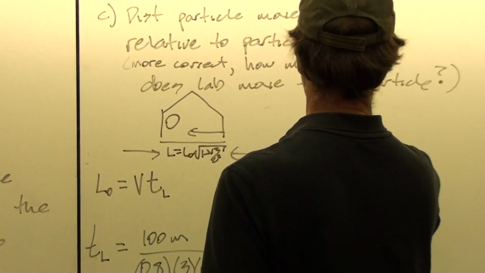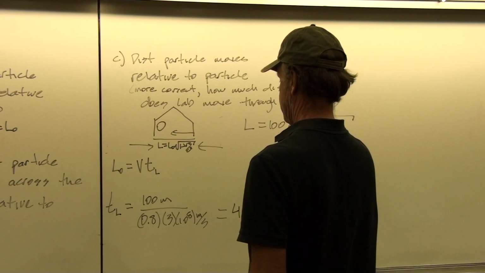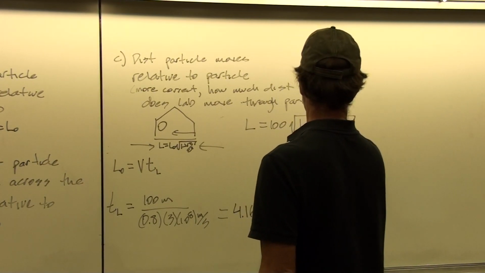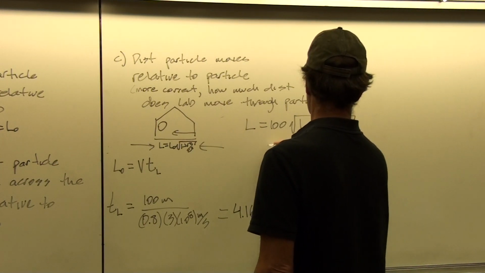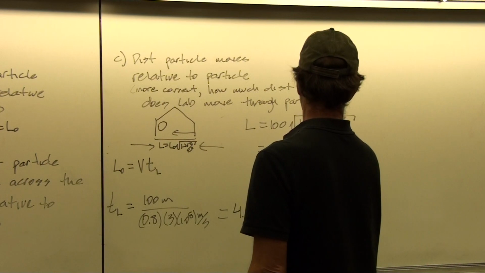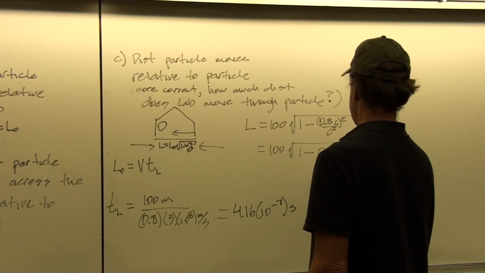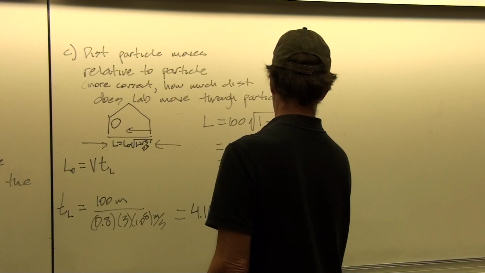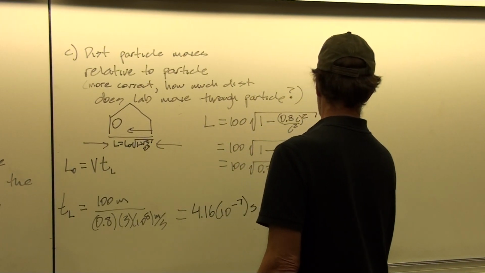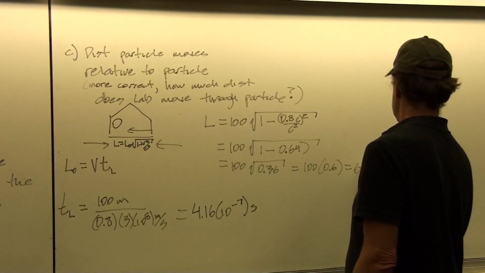So we can write this as L equals 100 times the square root of 1 minus 0.8 c squared over c squared, which is 100 times the square root of 1 minus, we've done this one before, 0.64, or 100 times the square root of 0.36, which is just 100 times 0.6, or 60 meters.